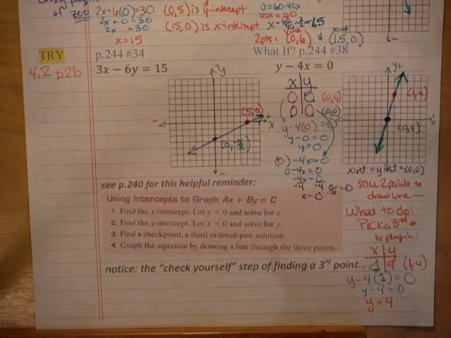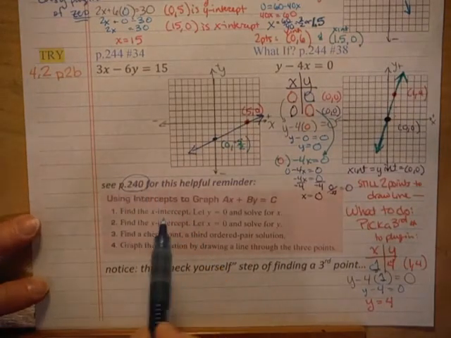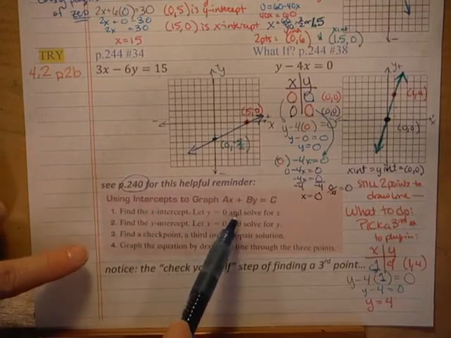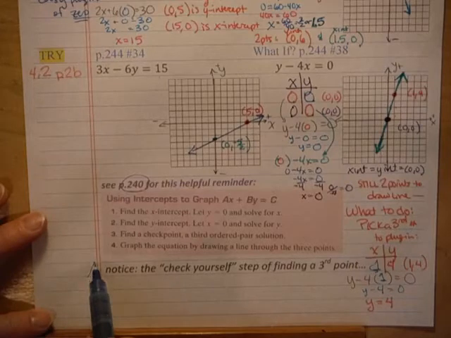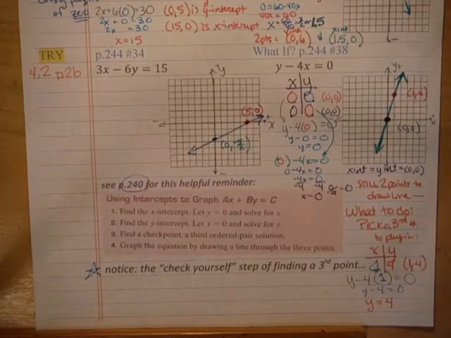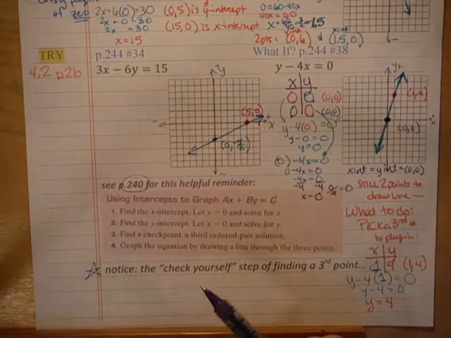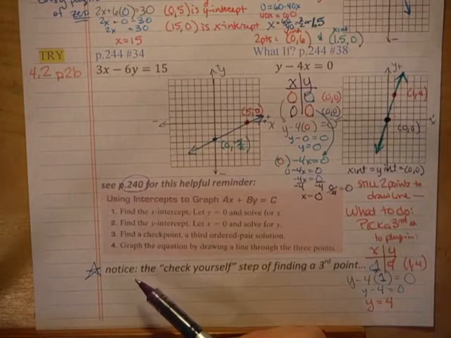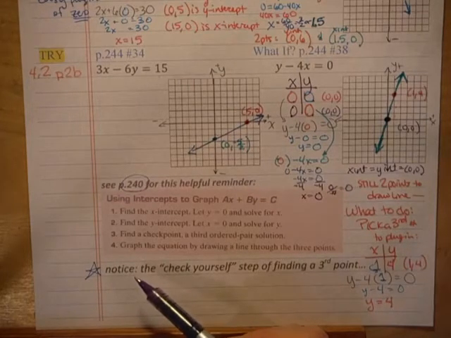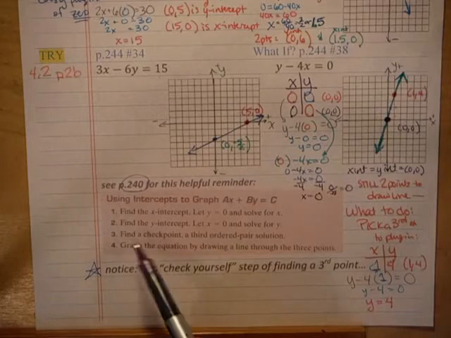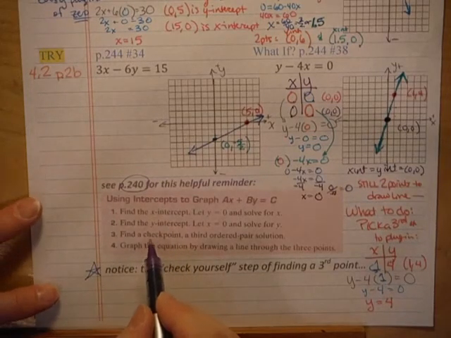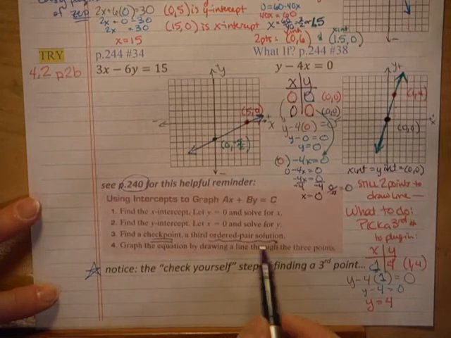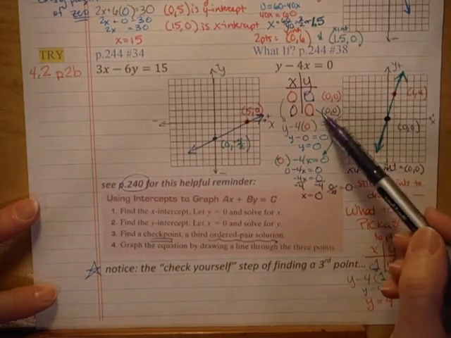Okay. So page 240 has this helpful reminder of how to use intercepts to graph a linear equation. I didn't emphasize this, but this is a nice check to make sure you're on the right track. When you're on the exam, you've got to have a way to check your work. Notice the book emphasizes at step 3, find a checkpoint, a third ordered pair solution, which is what we had to do when we just had the two intercepts.